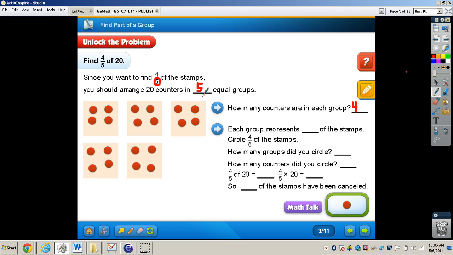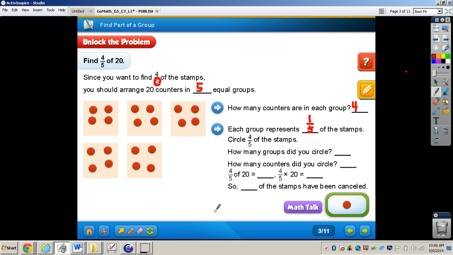Okay, now we could see that each group represents what of the stamps. Okay, so we know that there's 5 equal groups, so each group, for example, this group right here, actually represents 1/5. Okay, 1 out of the 5 groups there, or 1/5 of the stamps. You can see 5 different groups and 1 out of those 5.